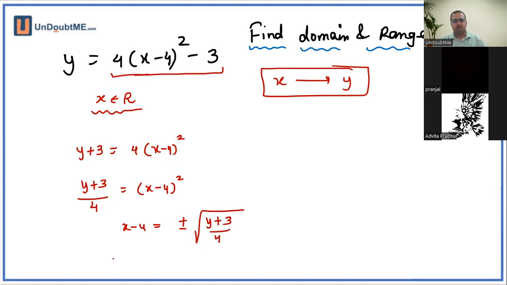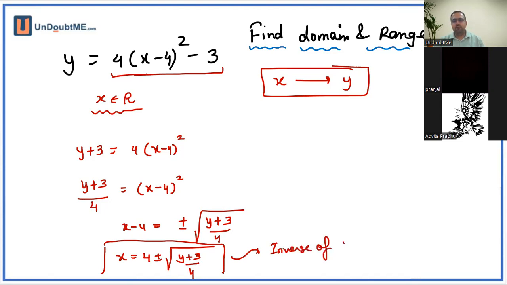Then finally this 4 will be sent to the other side, so it will be x equals 4 plus minus square root of (y plus 3) by 4. So that is x in terms of y. Later on you will learn this as finding the inverse of the function.